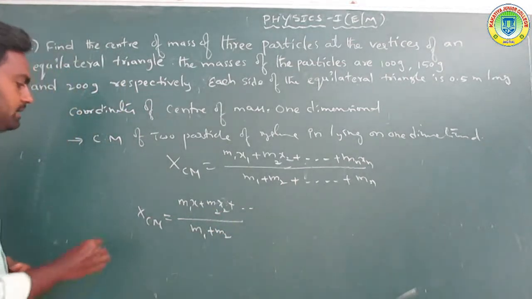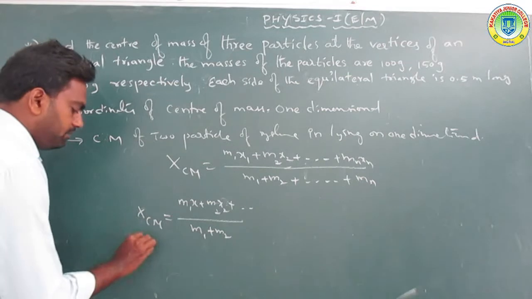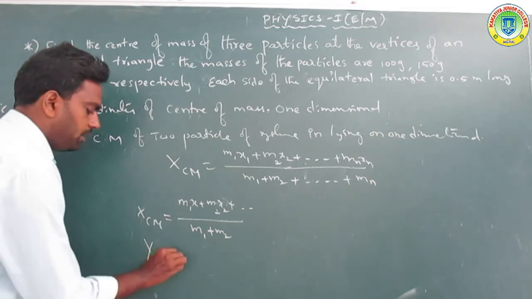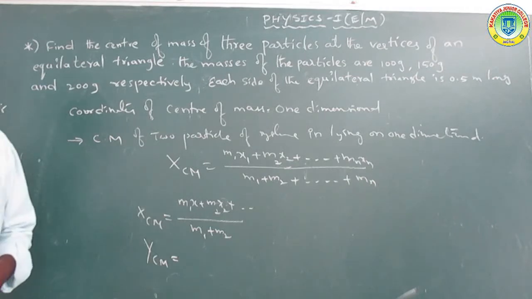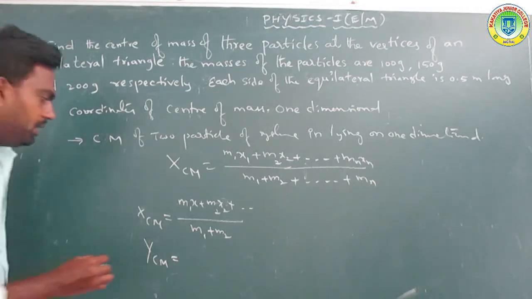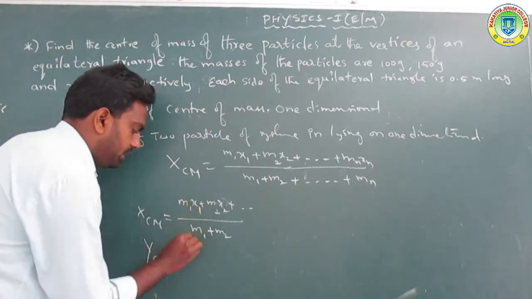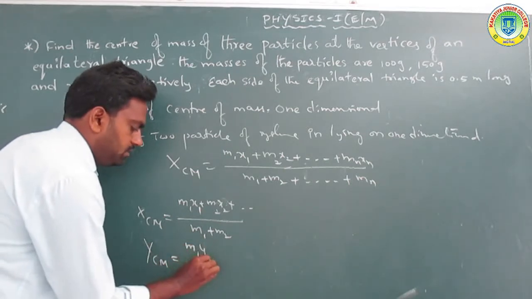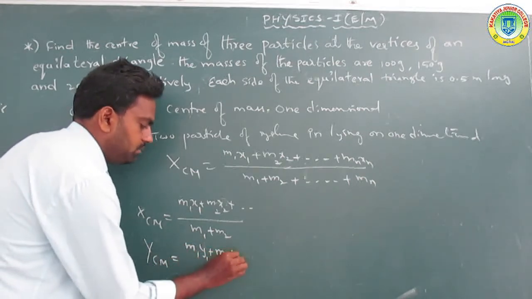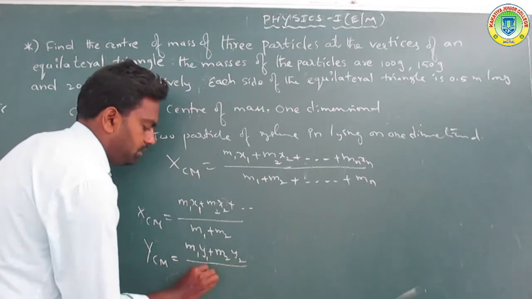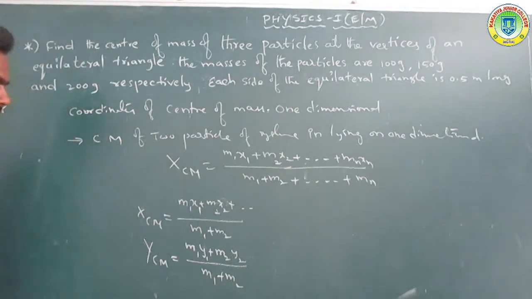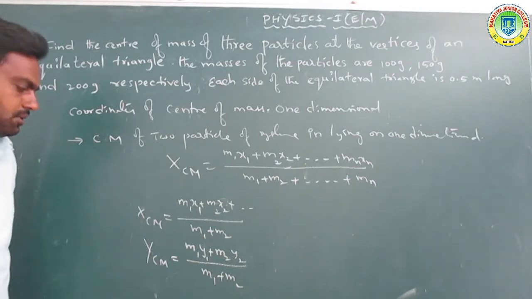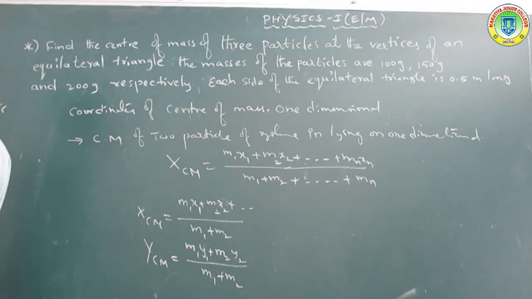Also, we can write y cm, because we have taken the x-axis and y-axis, that is the two-dimensional system. So y cm is m1 y1 plus m2 y2 by m1 plus m2.